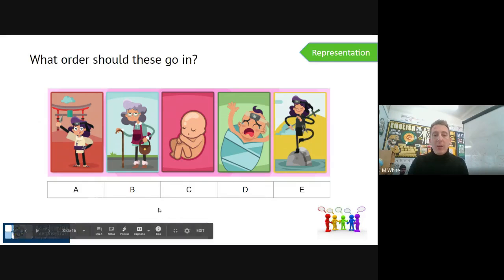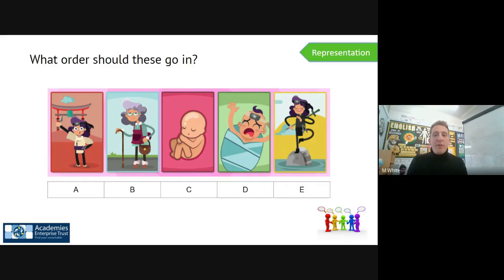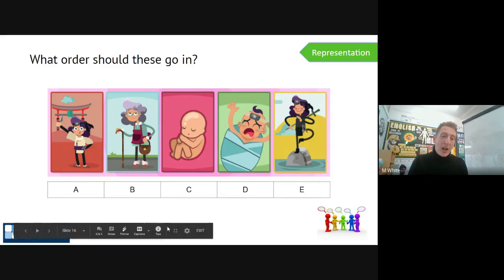And they're labelled A, B, C, D, and E. And all I'd like you to do, please, is order those correctly. So what is the first stage in the life cycle of a human? The second stage, third stage, fourth stage, and fifth stage. Okay, and you could put a brief explanation with that, or again, just share the order that you think they go in with either myself or your class teacher.